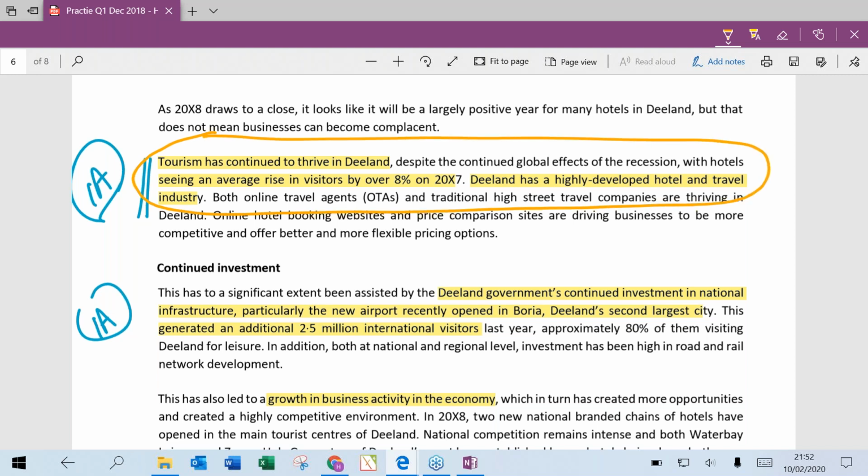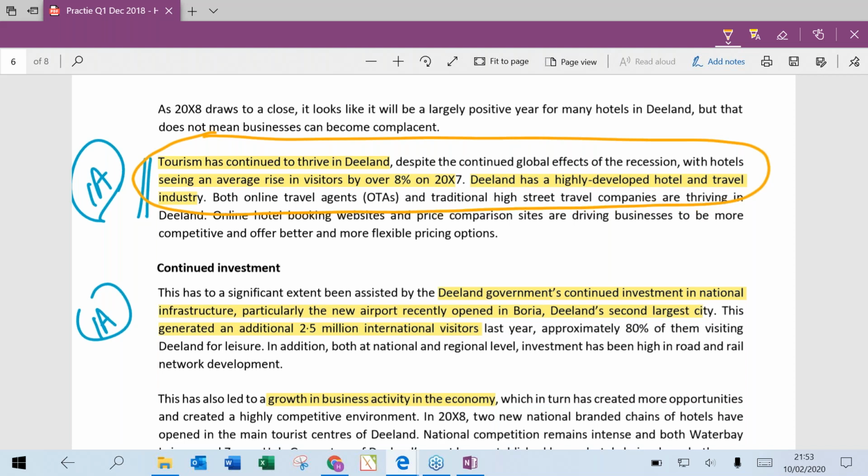You can just tweak the wordings a little bit, but essentially just produce the facts and figures from here. Facts don't change, right? So you will say that tourism industry is booming in D-land. There is a rise in visitors by 8% over last year, and it has got a highly developed tourism industry.